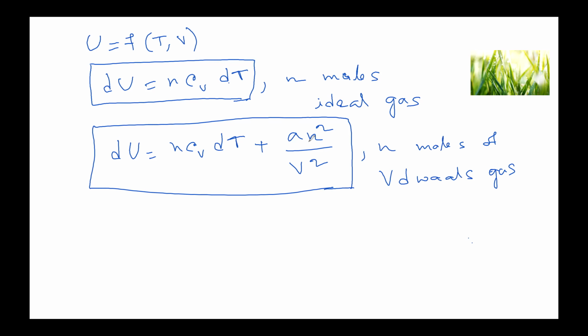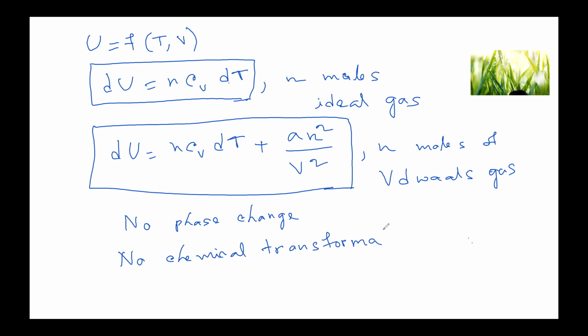Obviously, these two are valid when there is no phase change or chemical transformation occurring. These two are the expressions of dU in the case of ideal gas and Van der Waals gas.